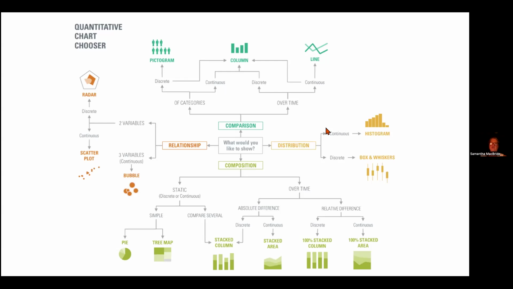This is a chart that was put together by Mr. Chaudhary that shows some decisions that you can make about what kind of data visualization that you want to use. So you start with the question of what you would like to show. Do you want to show relationships? Do you want to show how things are distributed over time or over some other factor? Do you want to look at the composition?